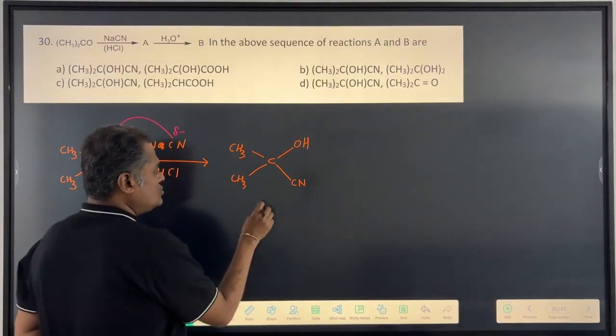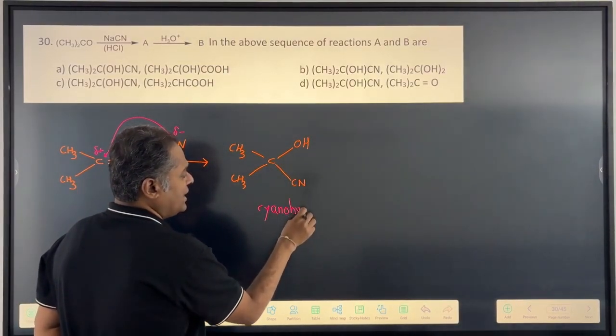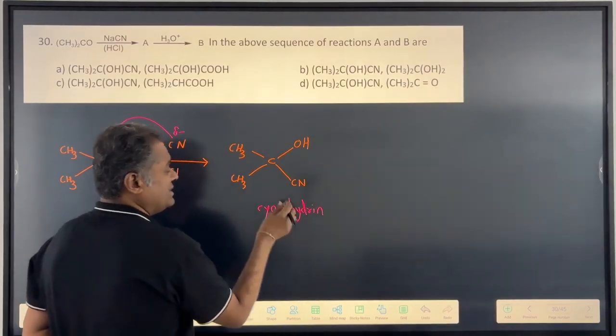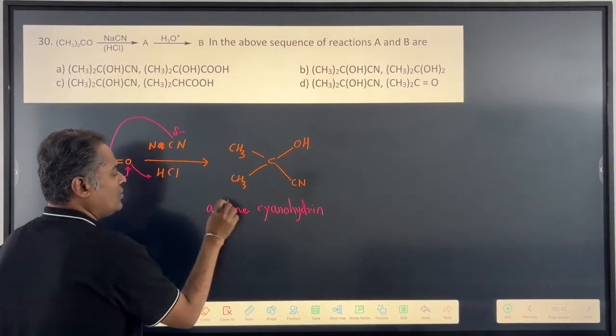This compound is known as cyanohydrin, and this is obtained from acetone. So this is named as acetone cyanohydrin.